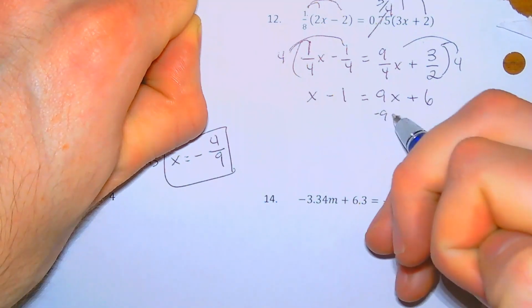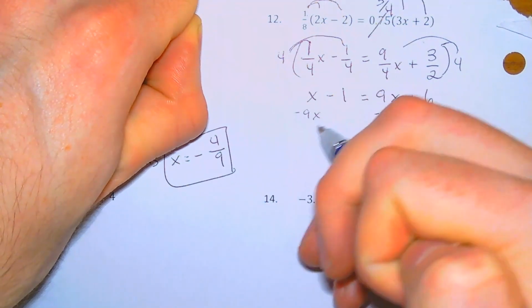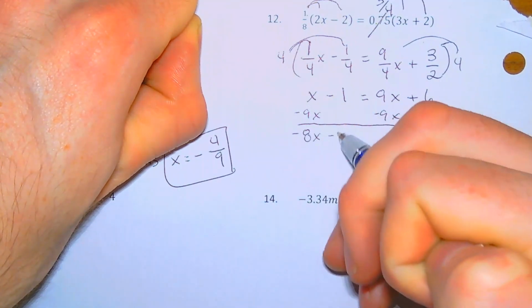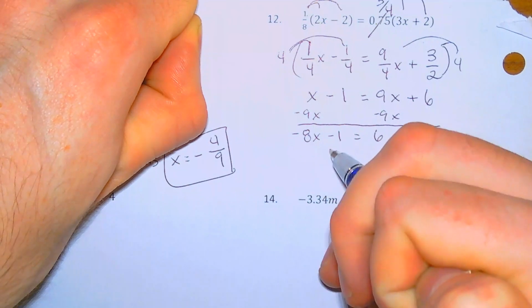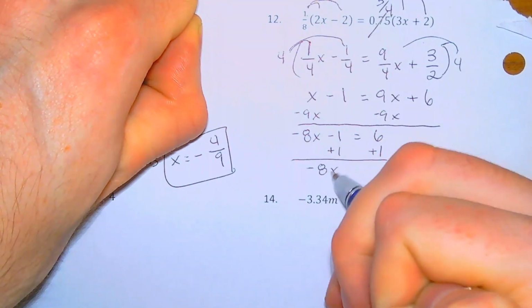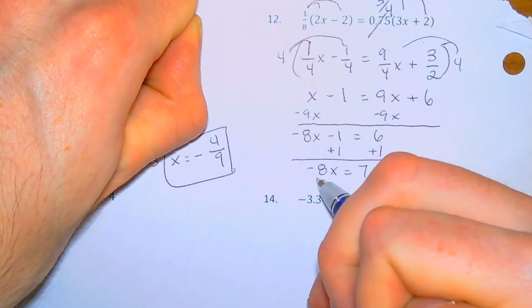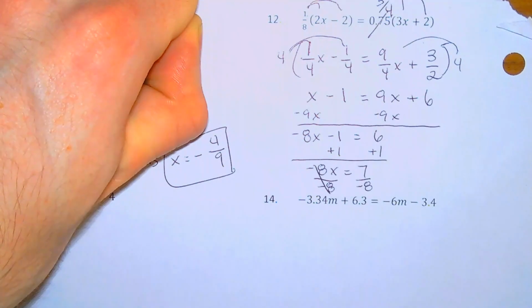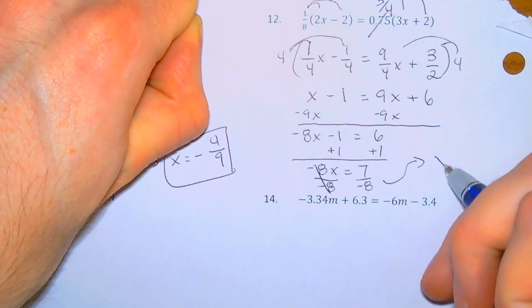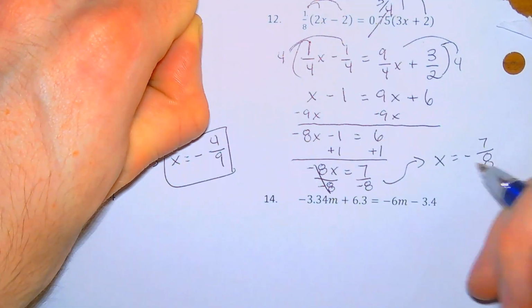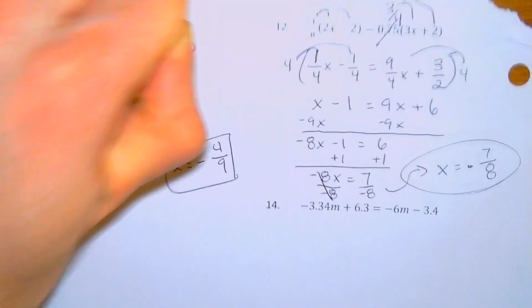From there, you want to move your 9x over to your left. Negative 8x minus 1 equals 6. You want to add the 1 to the other side. You're going to get negative 8x equal to 7. From there, divide off the negative 8. Negative 8's cancel. Negative 8 doesn't go perfectly into 7. So what you're going to be left with is x equals negative 7/8. Okay? And there's your problem.